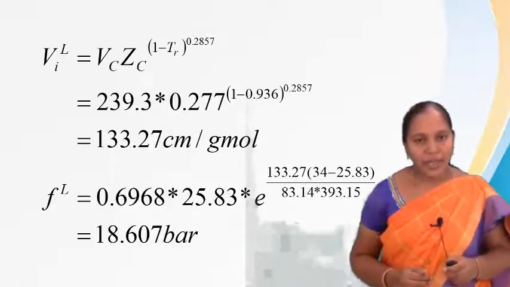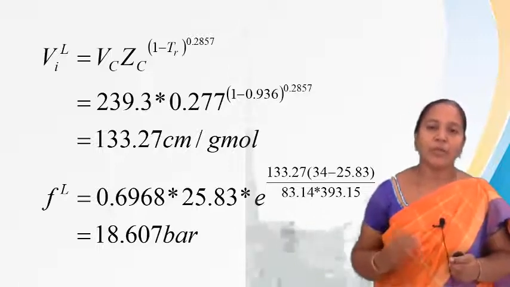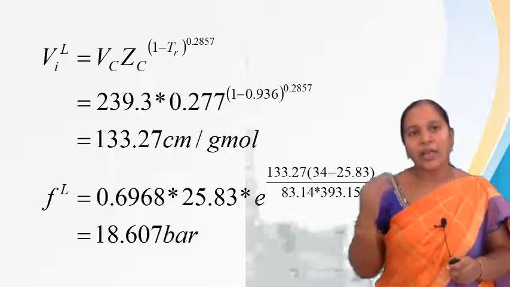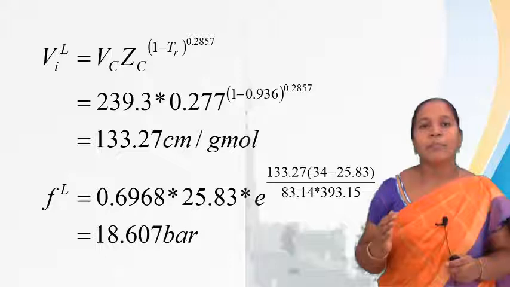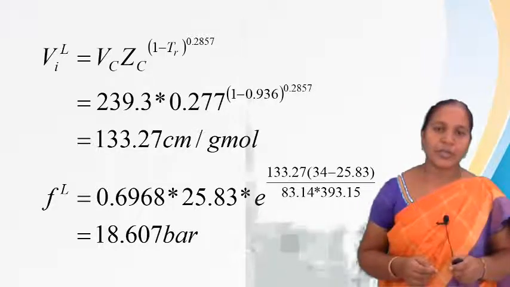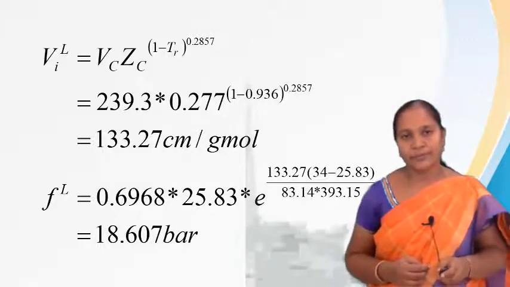Beta naught and beta dash are constants, both calculated from correlations. After getting the values, we have to calculate the vapor volume, that is equal to VcZc power (1 minus Tr) power 0.2857. Then substitute all those values and calculate the fugacity coefficient.